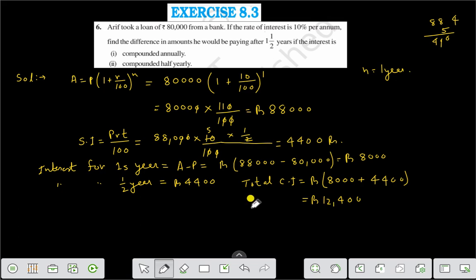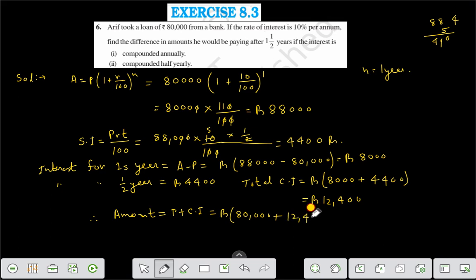Now find the total amount. Amount is equal to principal plus total compound interest. Principal is rupees 80,000 and total compound interest is rupees 12,400.